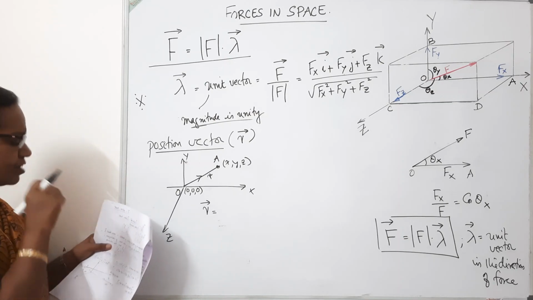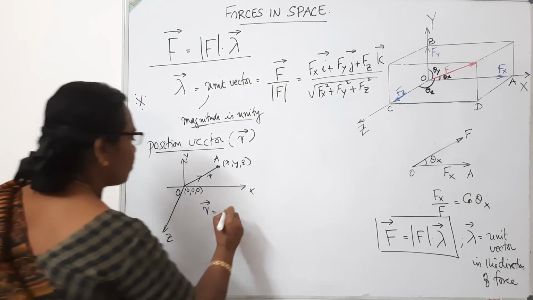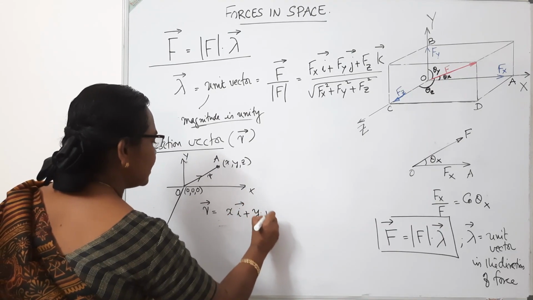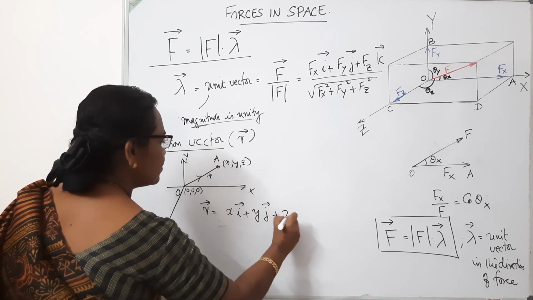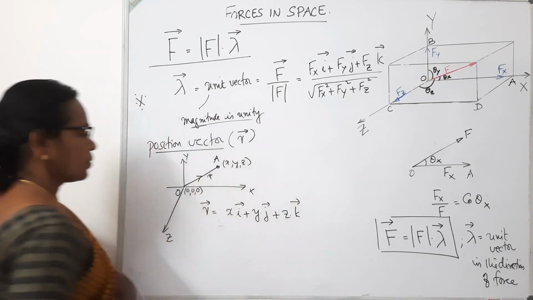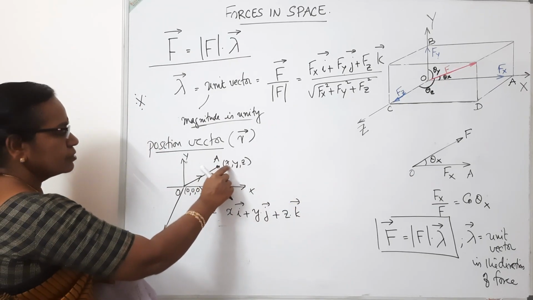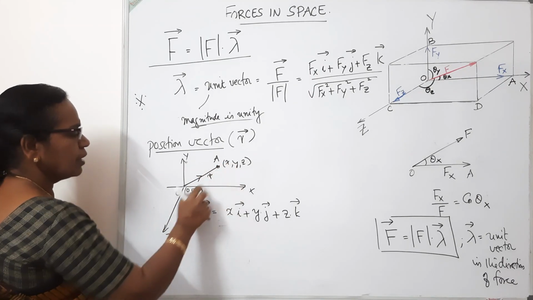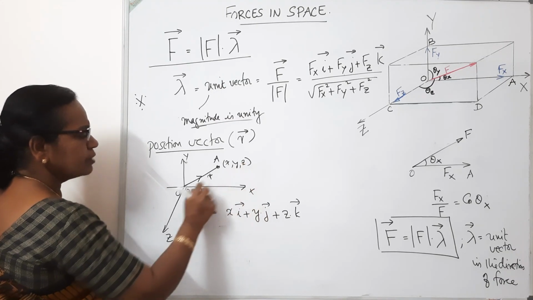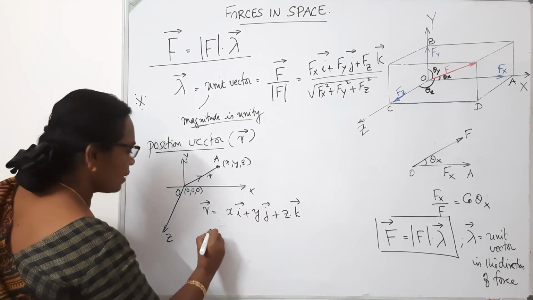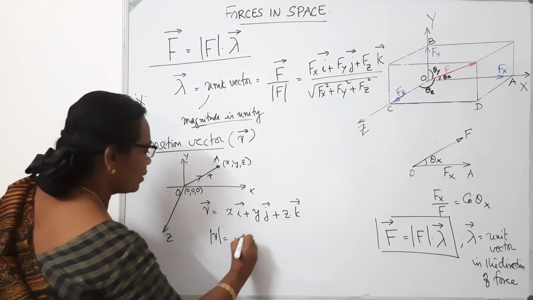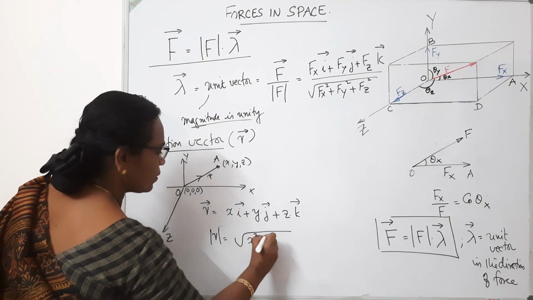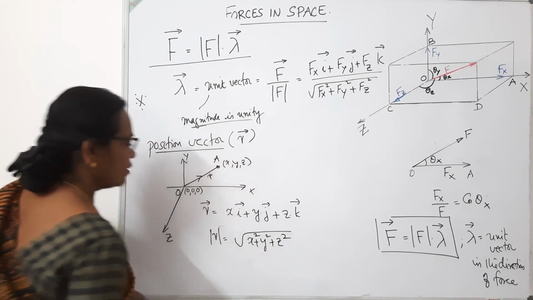So the r vector is nothing but xi plus yj plus zk, because x minus 0 xi, y minus 0 yj, z minus 0 zk. The magnitude of r, meaning the length OA, will be the square root of x square plus y square plus z square.